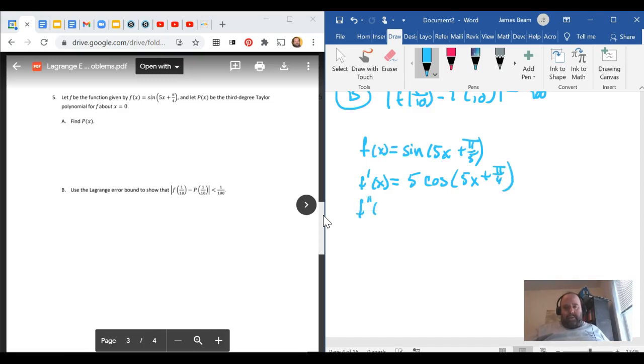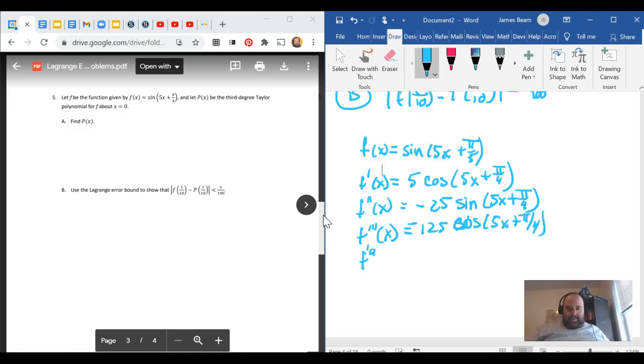So f double prime of x is going to be negative 25 times the sine of 5x plus pi over 4. The third derivative is going to be negative 125 times the cosine of 5x plus pi over 4.